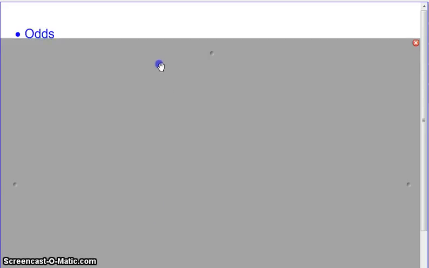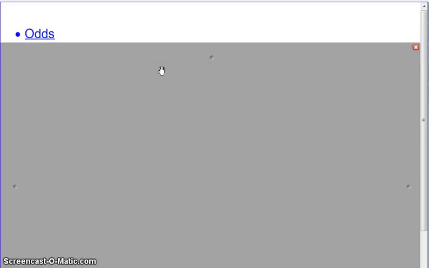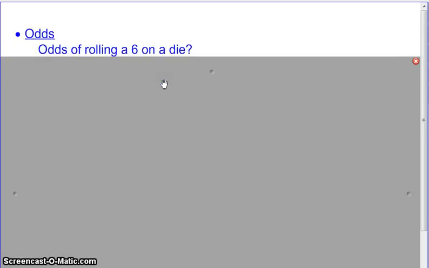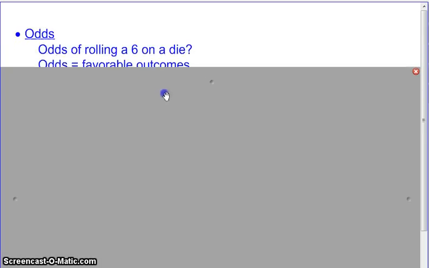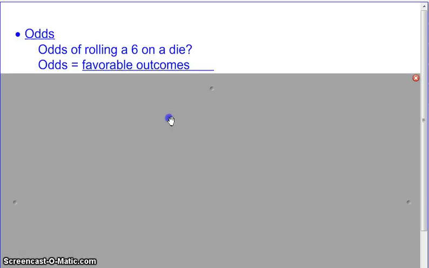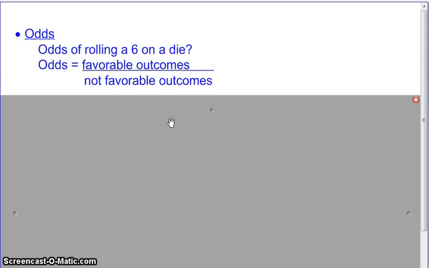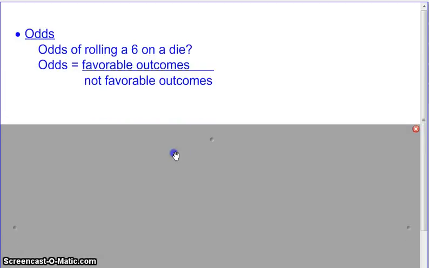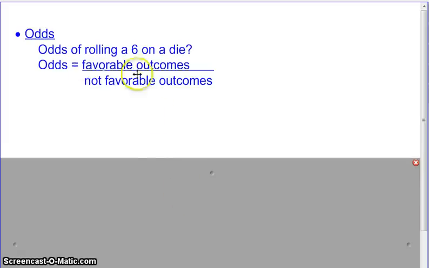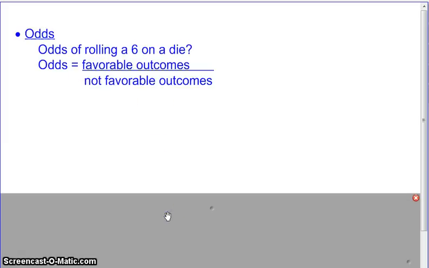Now, how is probability different than odds? I'm sure some of you already know the answer. Odds are the number of events in favor of the outcome over not in favor of the outcome. So what are the odds of rolling a 6 on a die?